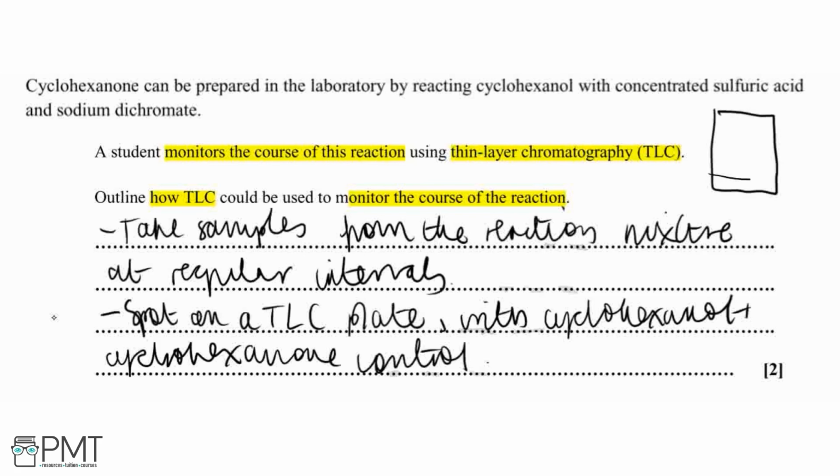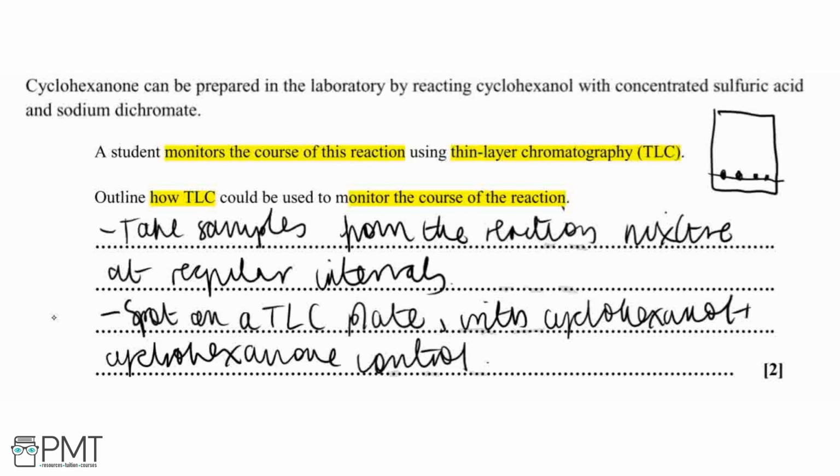We'll have our line, our pencil line here, and then we'll have a spot for our cyclohexanol control, a spot for our cyclohexanone control, and then various reaction mixture spots along the plate, and you'll probably use several plates.